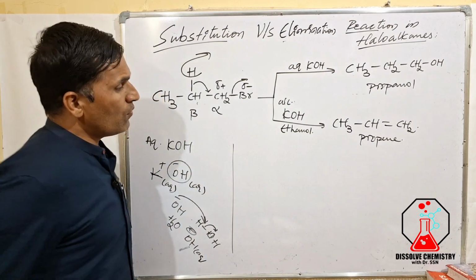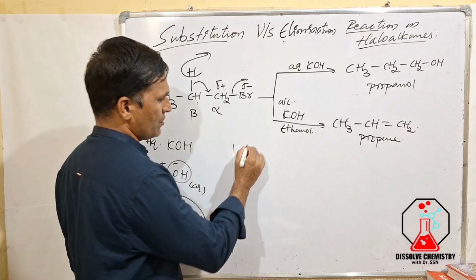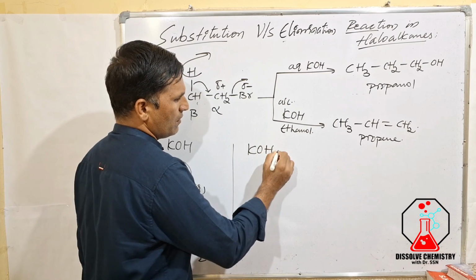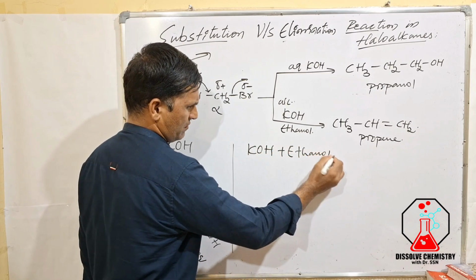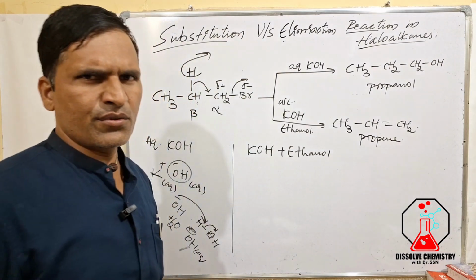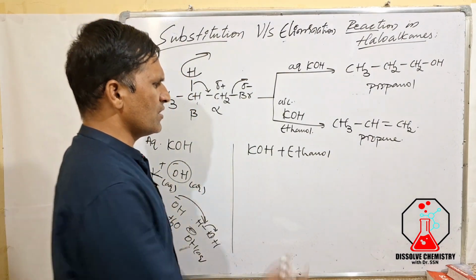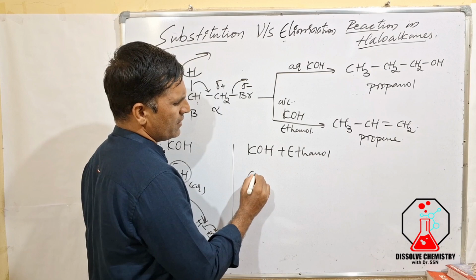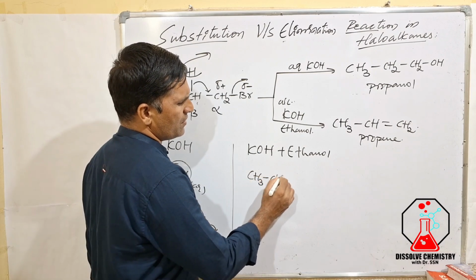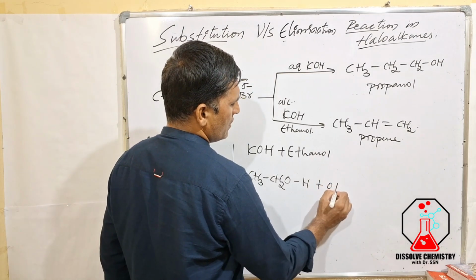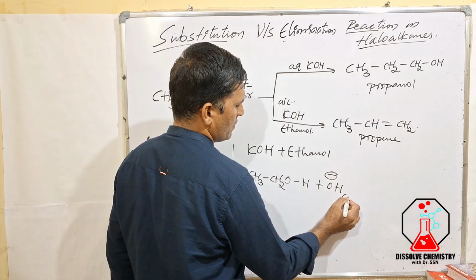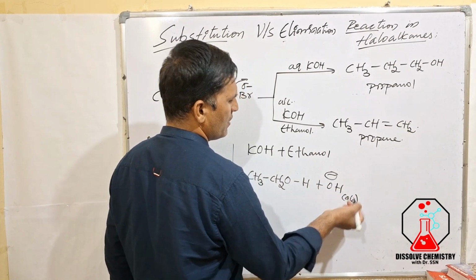Now what happens in alcoholic KOH? When KOH is taken in ethanol, it is polar enough to ionize KOH, CH3CH2OH. So we get OH minus ionized in alcohol.